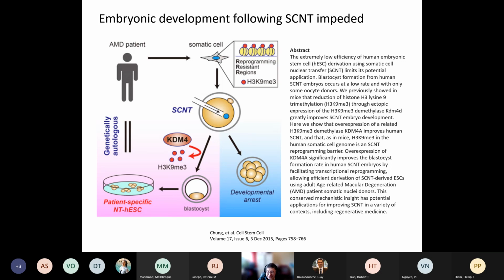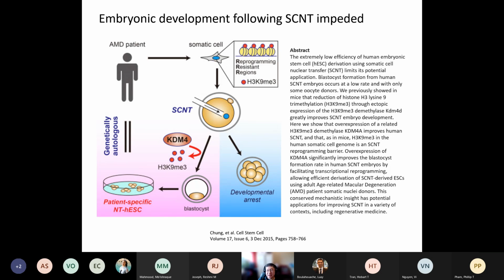You described that the epigenetic marks are largely erased at the reprogramming stage, but naturally, during fertilization, when you have a zygote, the majority of the epigenetic marks are also erased.